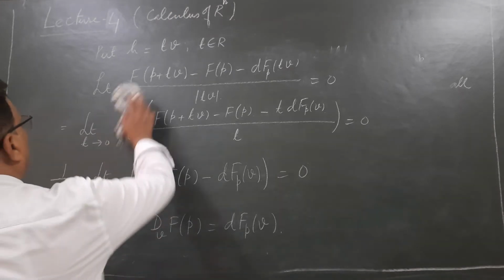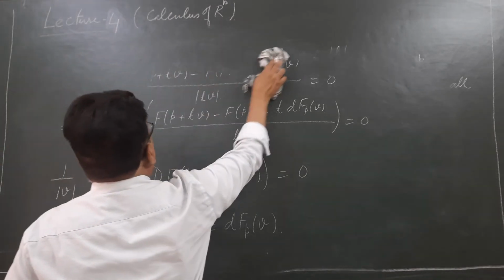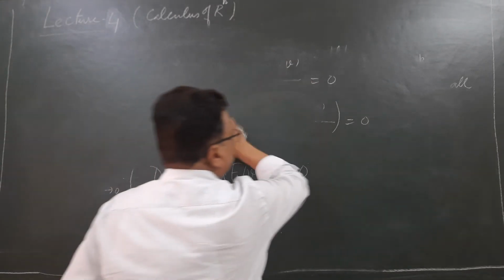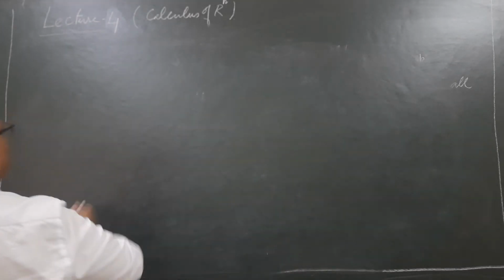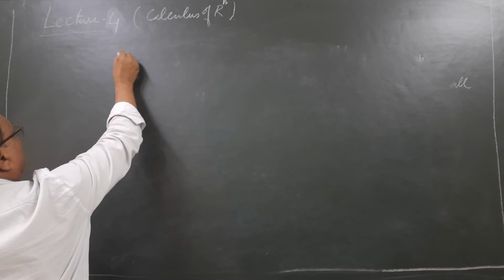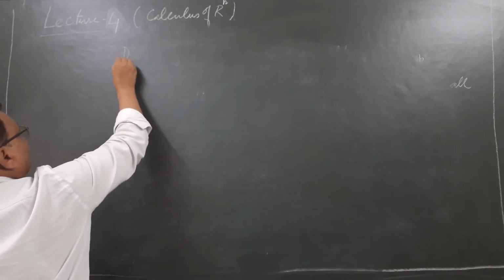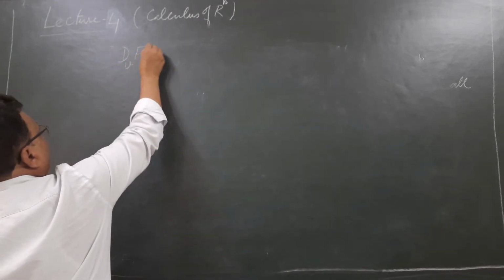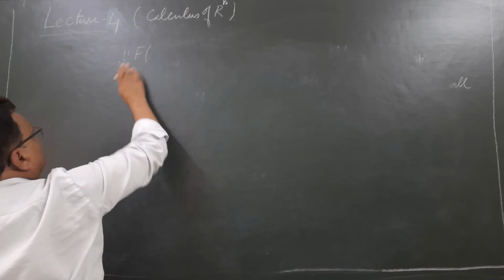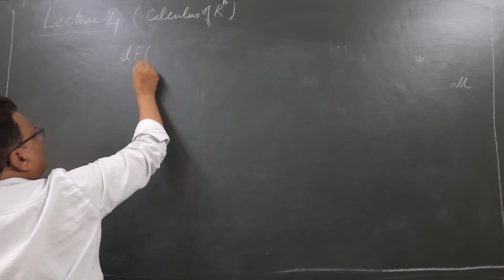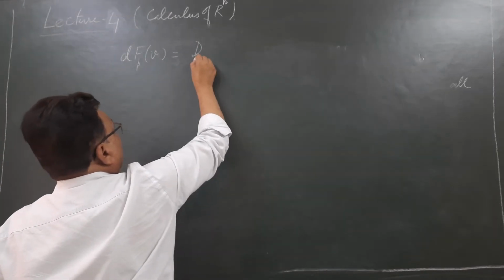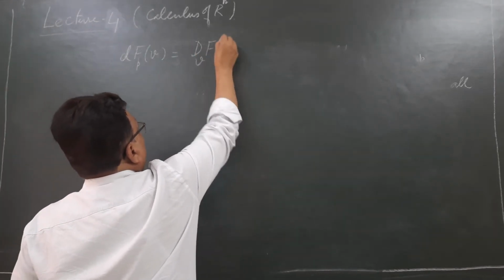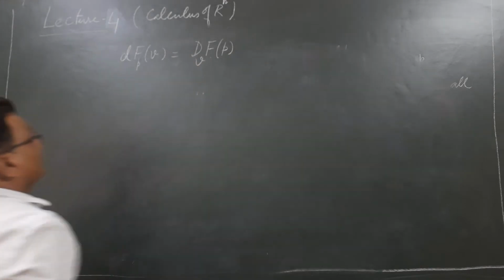All right. Now there are some consequences of this property. So let me write down this relationship. Lemma 2 says that if f is differentiable, then df_p(v) is in fact D_v f(p). Okay.